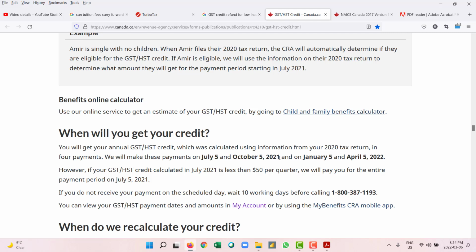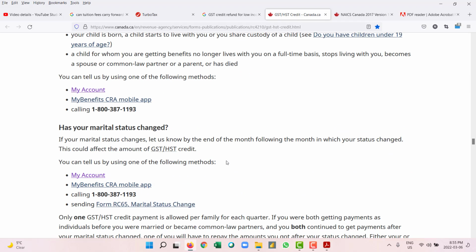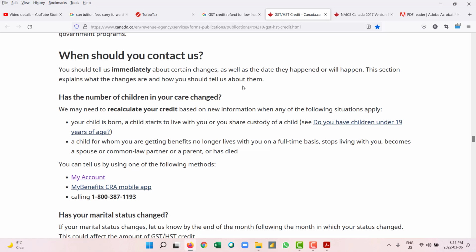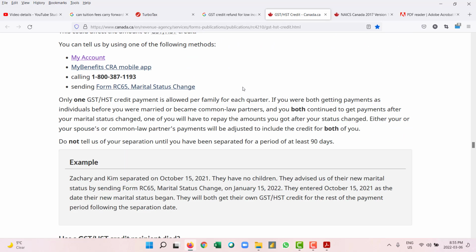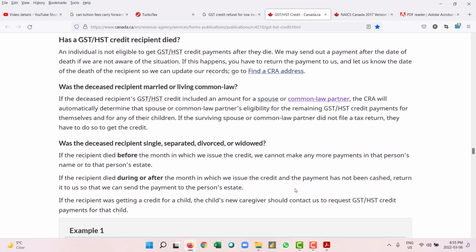They pay it 4 times a year: July, October, January, April. You can tell us by using one of the following methods, in the CRA account.